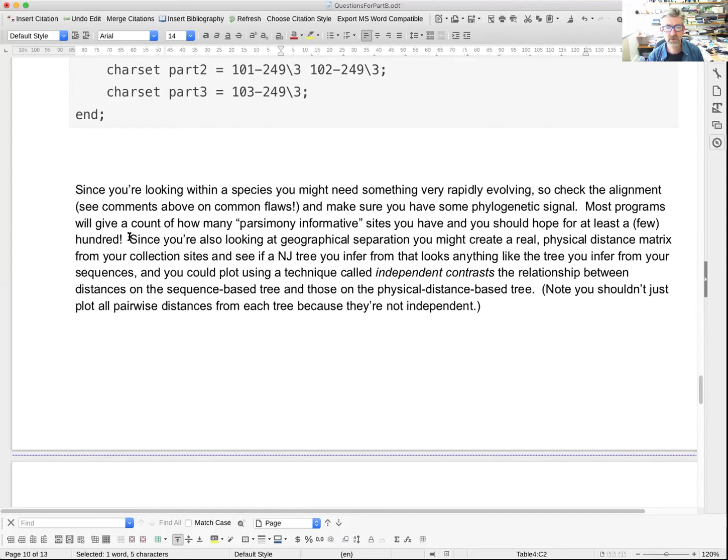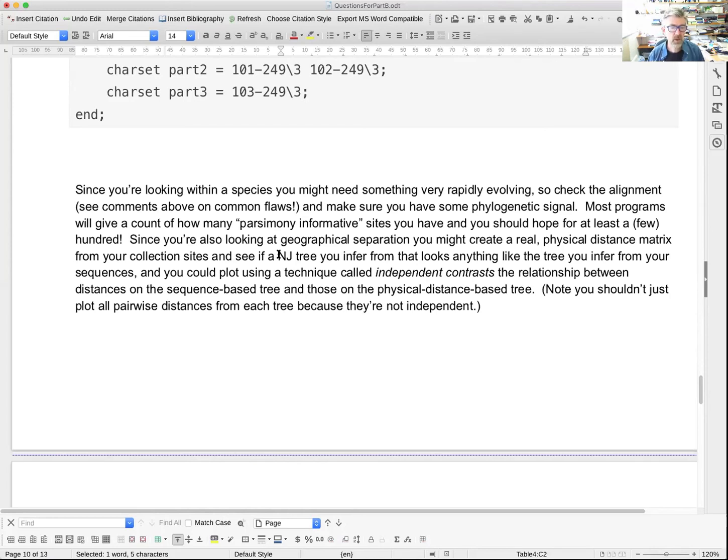And so you could conceivably have a distance matrix that comes from real physical distances between your collection sites. And you could then see, if you build a neighbor joining tree using those physical distances, whether it looks like your phylogenetic tree based on your sequences.